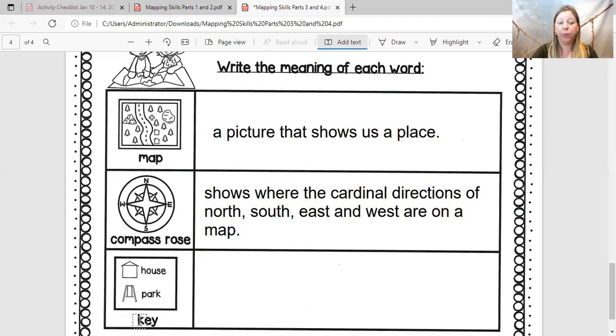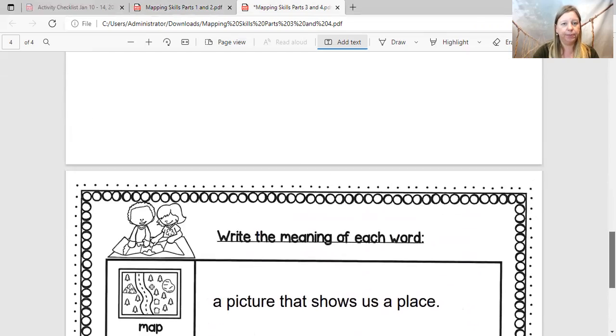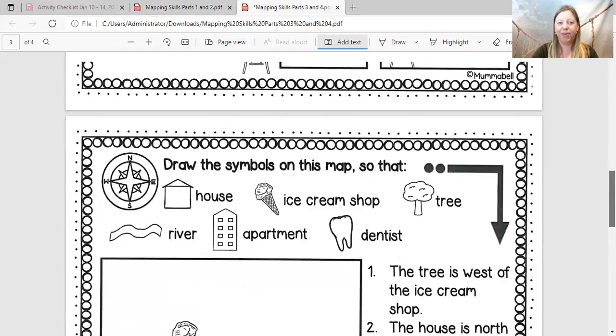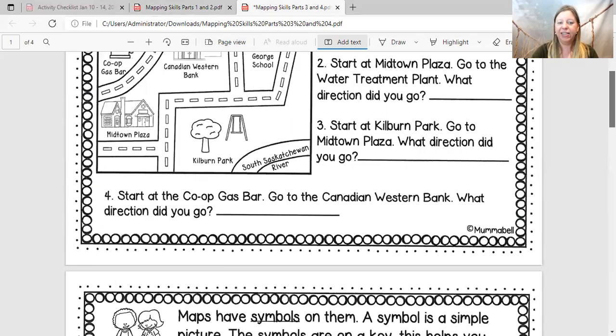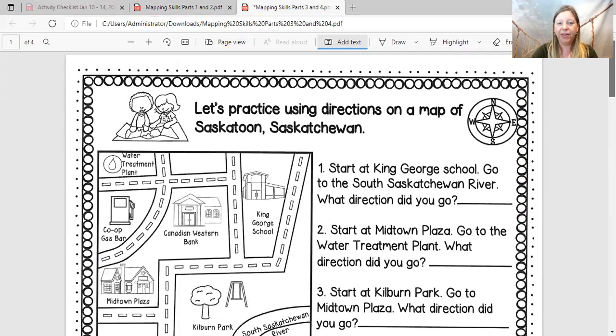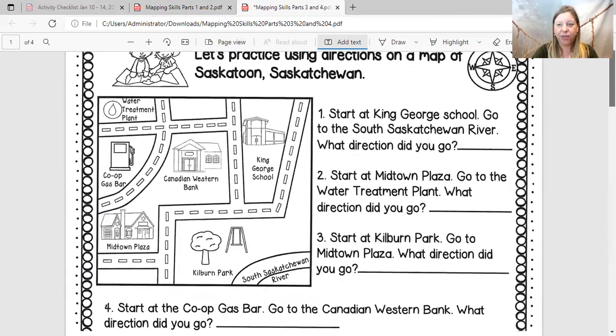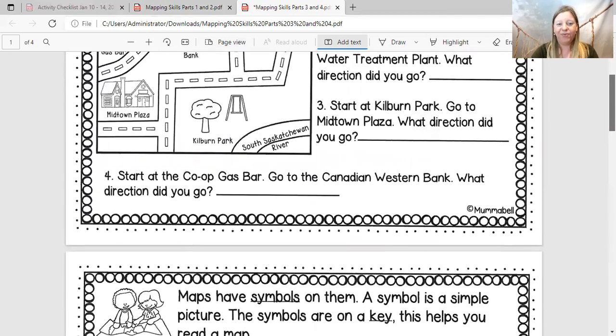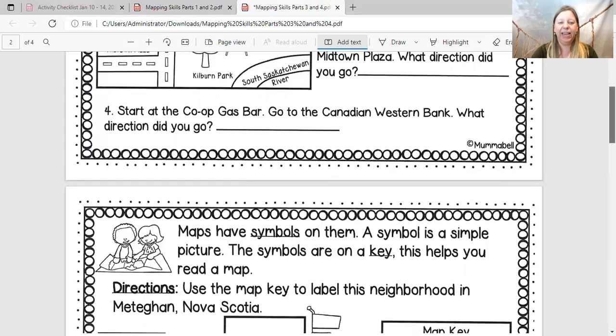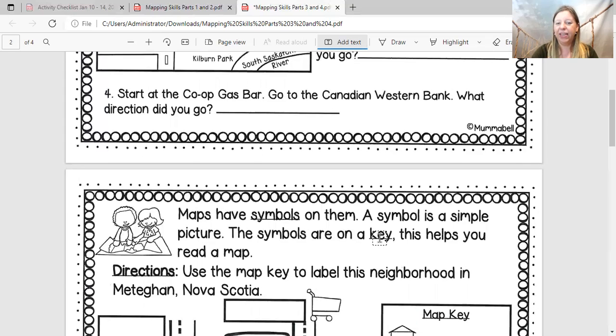Now we need to find the word key. We will find this in today's bundle, or actually yesterday's bundle. Scoot to the top of the page of the bundle, and you can help me find the word key after we scroll down. I heard you, there it is. Key.